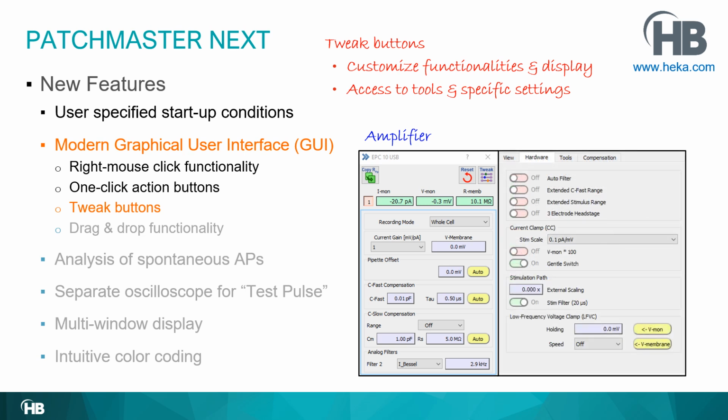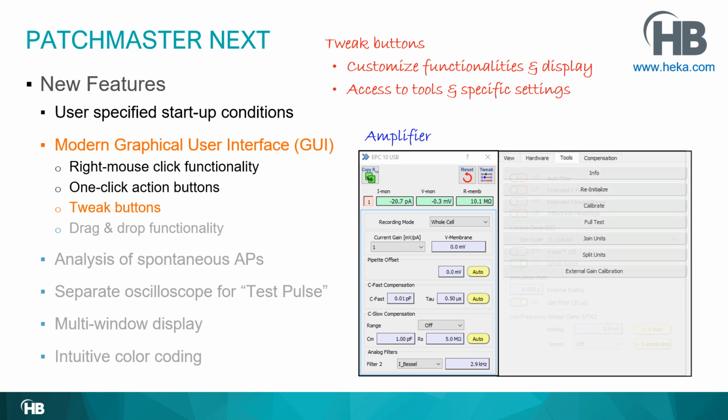In the hardware tab, you have other options to specifically set the functionality of the attached amplifier. And then under the tools tab, you have additional software access to other programs, like, for example, calibrating routines for the amplifier and head stage, or analysis routines of the hardware, where you can do a full test to check the hardware.